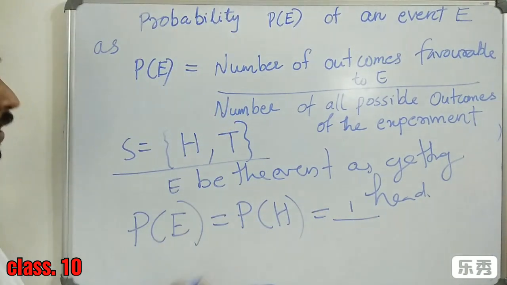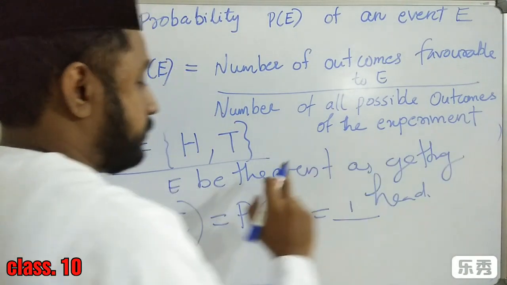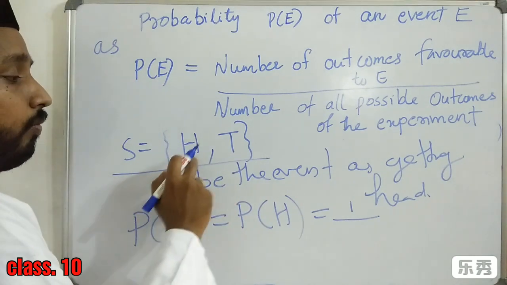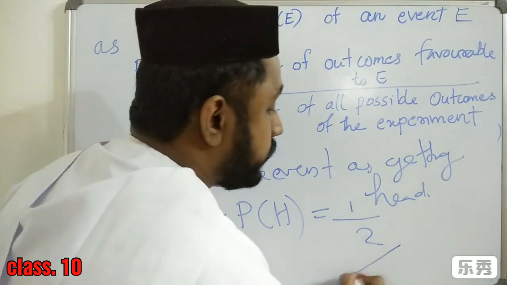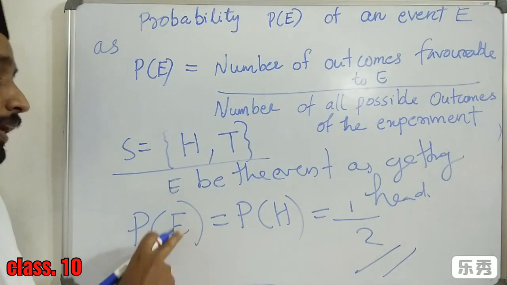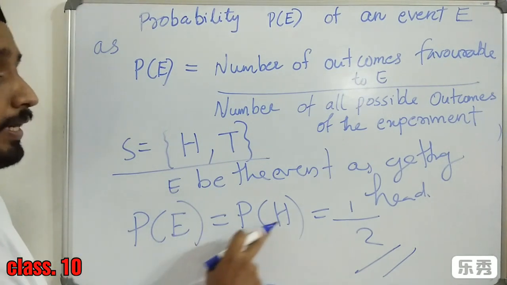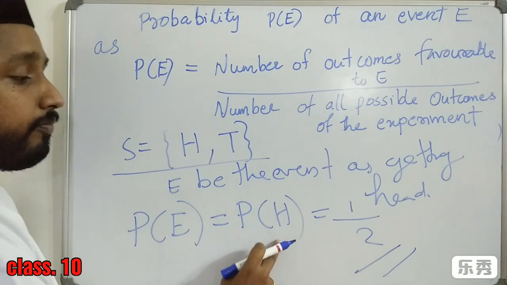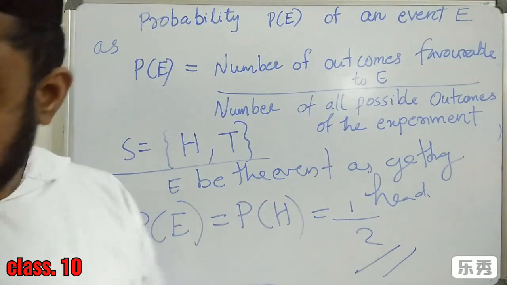So 1 divided by the total number of all outcomes. How many outcomes are there? 2. So the probability of getting a head, P of E, is equal to P of head, which is equal to 1 by 2.